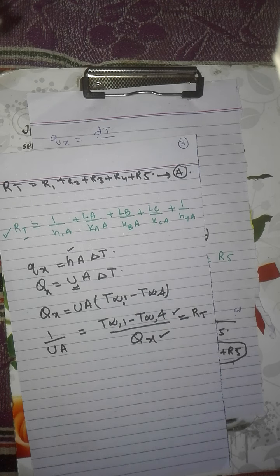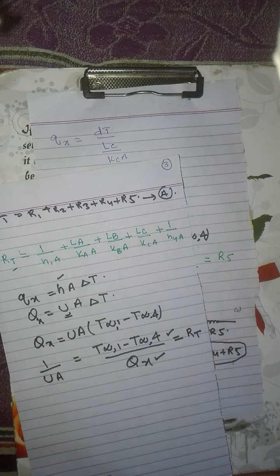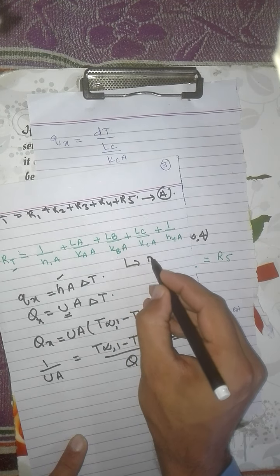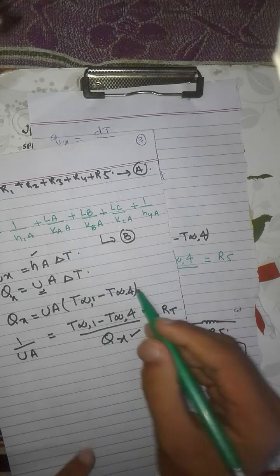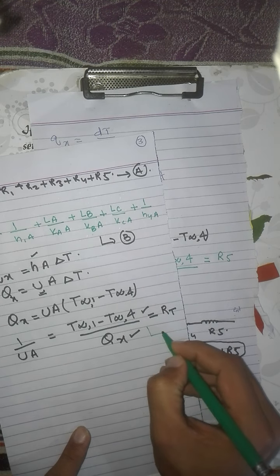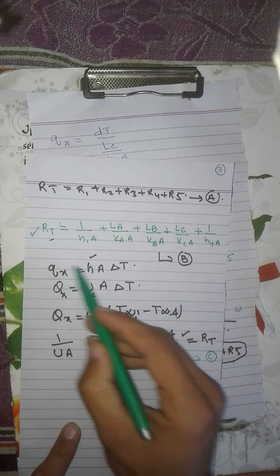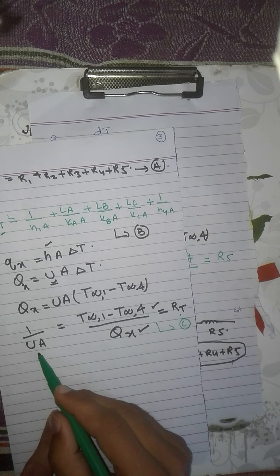Suppose this is our equation B, and this is our equation number C. This is the total resistance, this is also the total resistance, which is equal to 1 over UA.